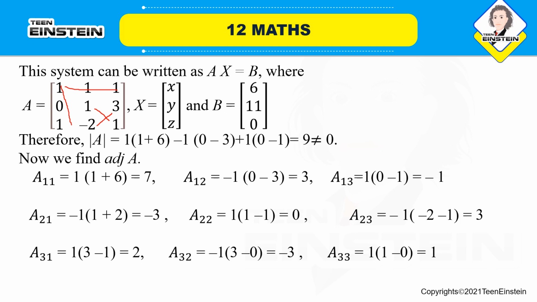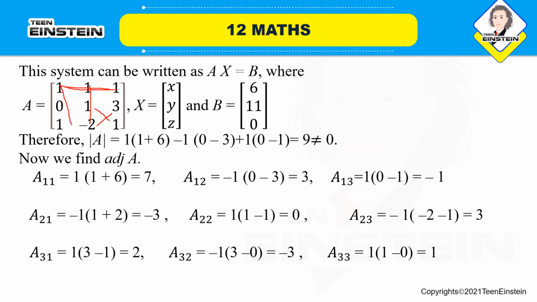So minus 1 into delete the row and the column having the element 1. So you will be getting 0 minus 3. Plus, in 1 3 position we have the element 1. So when you delete the row and the column having the element 1, you will be getting 0 1, 1 minus 2. Okay, so in the downward arrow this is 0 minus upward arrow will be getting 1. Okay, so on simplification we are getting the value 9.